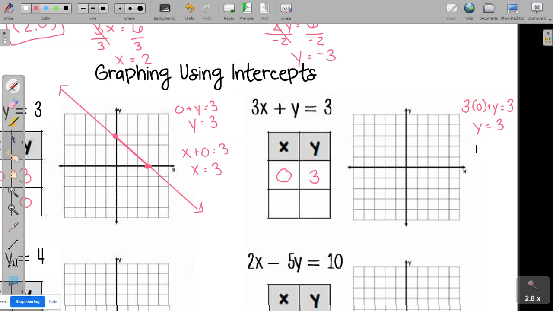Now substitute in 0 in for y. So we get 3x plus 0 equals 3. So 3x equals 3. Divide both sides by 3. So x equals 1. Now graph those points.